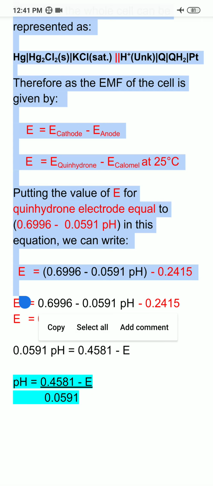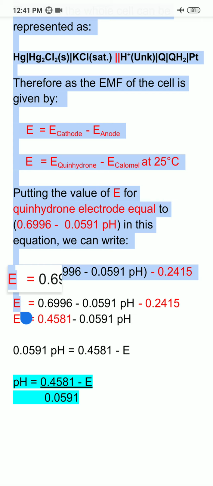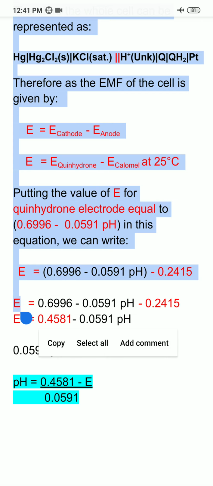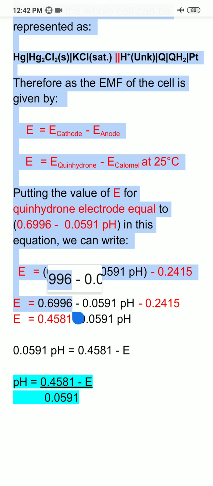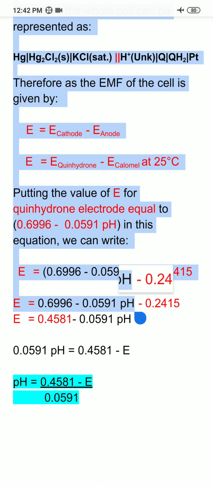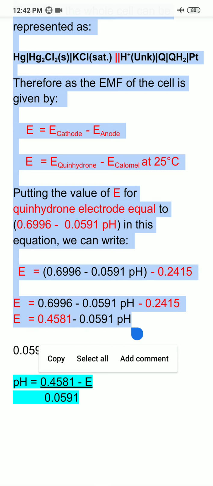This is the value for calomel electrode. So from here E is subtracting 0.2415 from 0.6996. We can write E is equal to 0.6996 minus 0.0591 pH minus 0.2415, and after subtracting we will get E is equal to 0.4581 minus 0.0591 pH.